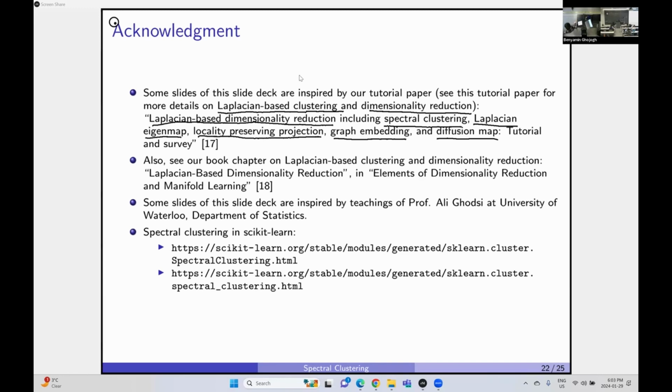And by the way, as you saw, Laplacian clustering projects data onto a subspace, right? So basically, they propose an algorithm using Laplacian only for the sake of dimensionality reduction, and they called it Laplacian eigenmap. So it's inspired by spectral clustering, but for the sake of dimensionality reduction. Also see our book chapter on Laplacian-based clustering. So it's called Laplacian-based dimensionality reduction in our book. And some slides of this slide deck are inspired by teachings of Professor Ali Qudsi at the University of Waterloo.